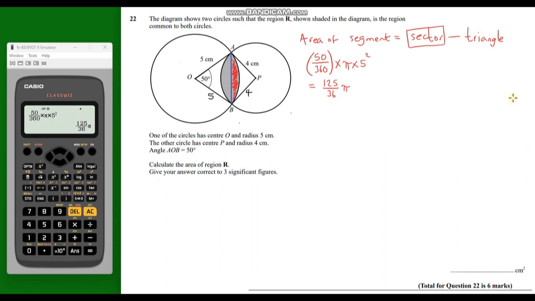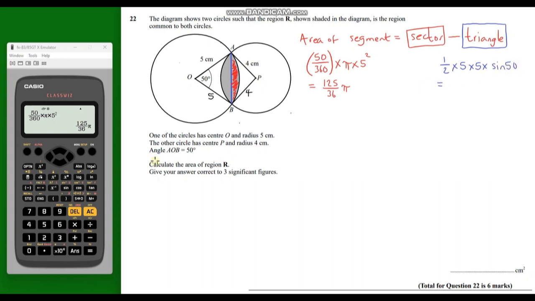Now let's do the same for the triangle. So I think I'll do this in blue just to change it up a bit. So for the area of a triangle, we can use the sine rule for areas of triangles. So the rule says half ab sine C. So it's going to be a half times 5 times 5 times the sine of 50 degrees.